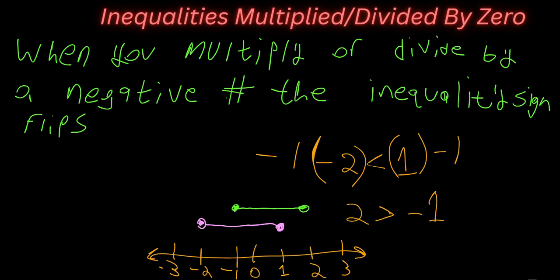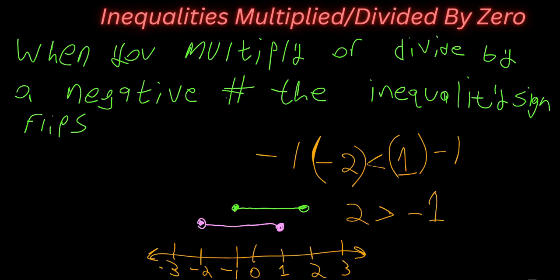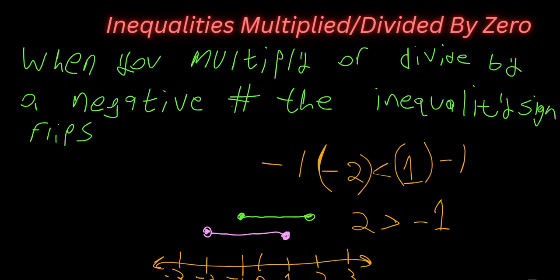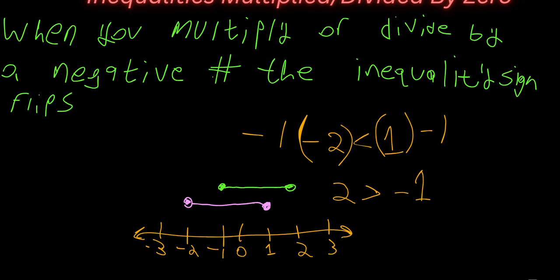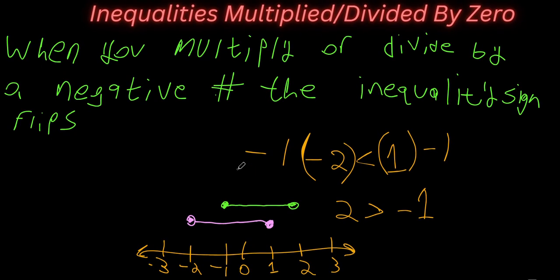So if I didn't flip it, what would my expression be? Let's put this in red. If I did not flip it when I did this, it would say, oh no. My expression would be, now this is wrong.